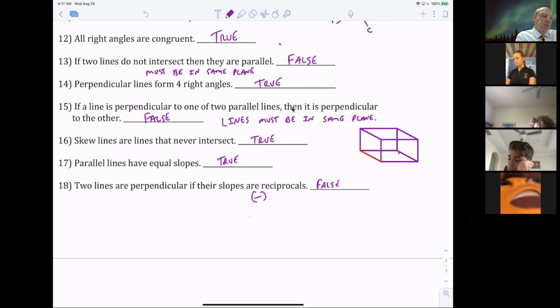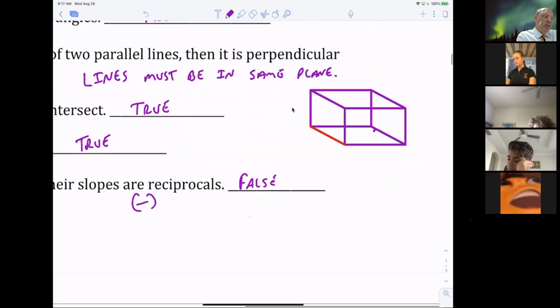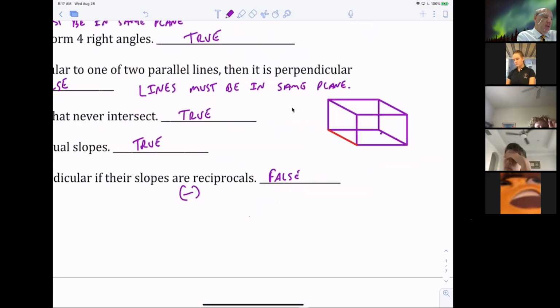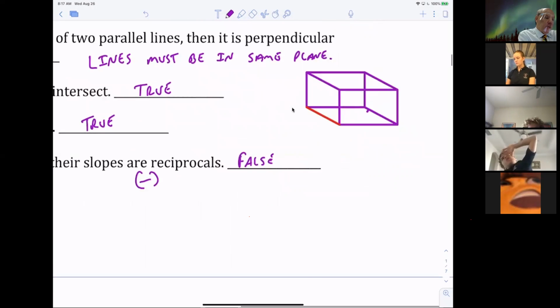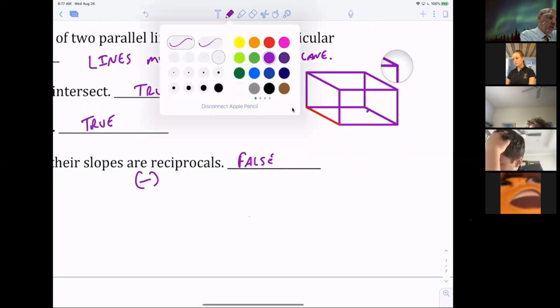I'm trying to demonstrate here how you can have parallel lines, for example, and not have one be perpendicular to the other. If a line is perpendicular to one of 2 parallel lines, now I'm trying to figure out how I'm going to show you this. Okay, so right here, let me draw this.